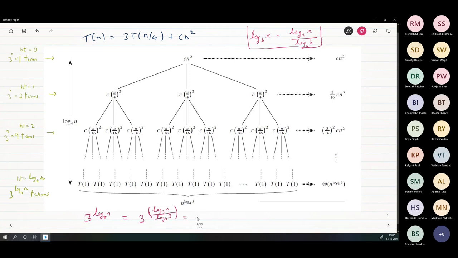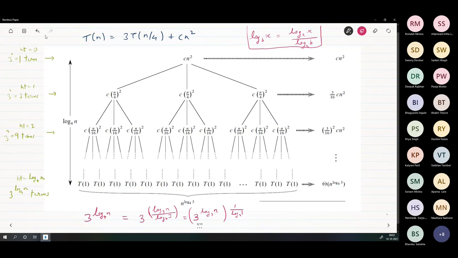Okay, that is equal to 3 raised to log n to the base 3, the whole raised to 1 by log 3 to the base 4. Oh, sorry.